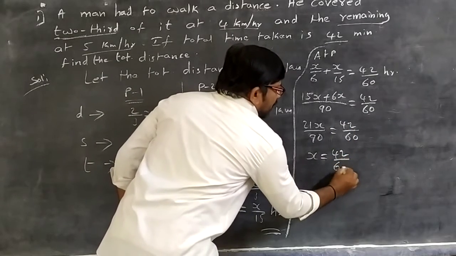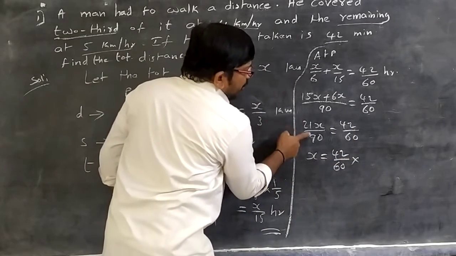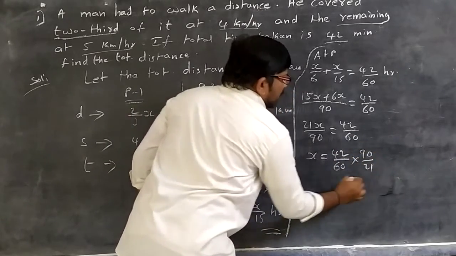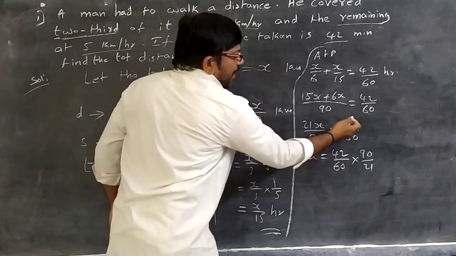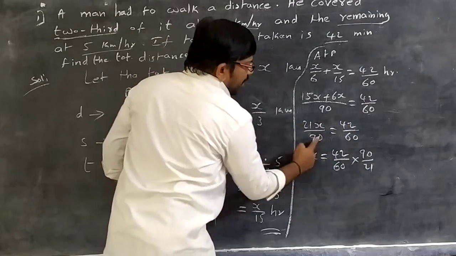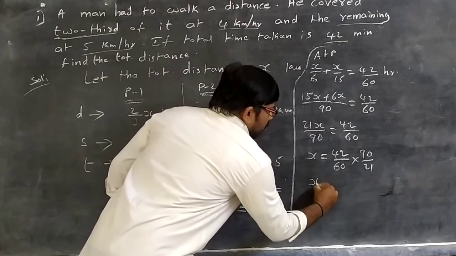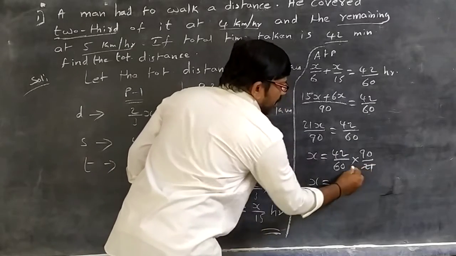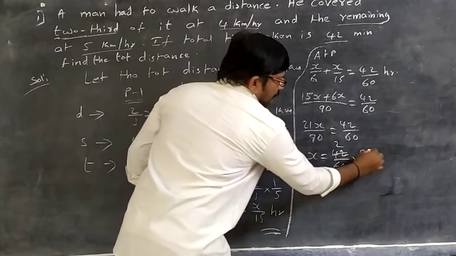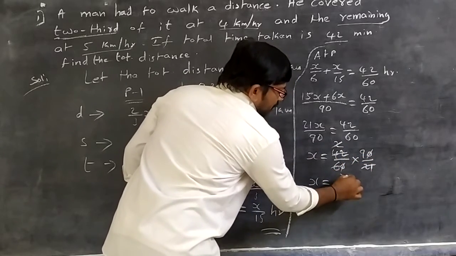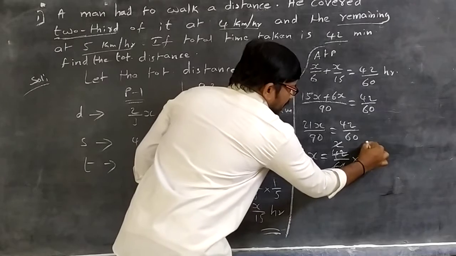x equals 42 by 60 into 90 by 21, since 21 by 90 becomes 90 by 21 after transferring from left to right, so it is reversed. After cancellation, 21 ones are 21, 21 twos are 42, 2 ones, 2 threes, and 3 ones, 3 threes.